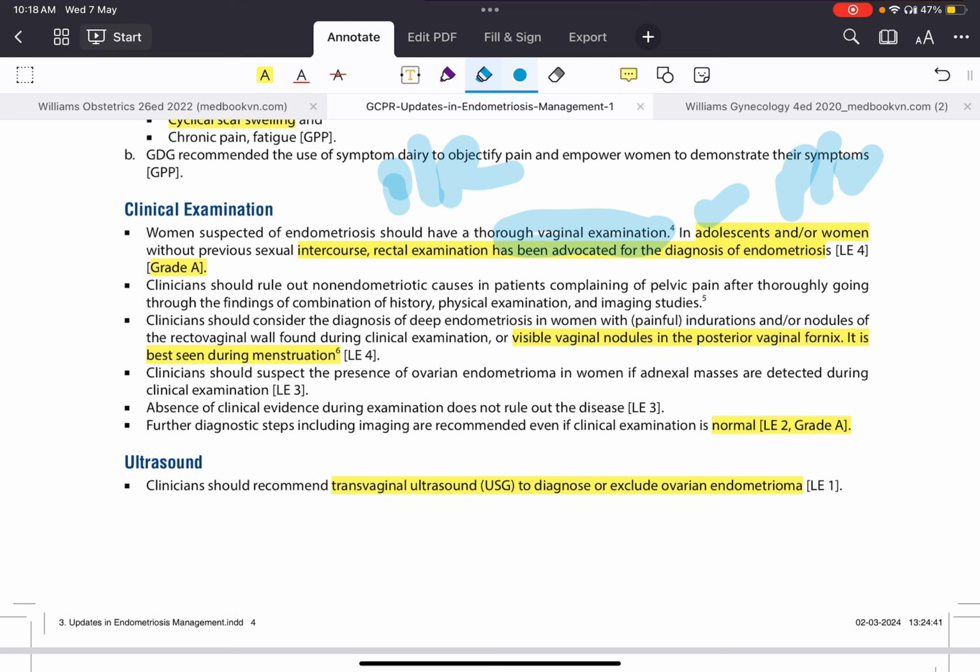Okay, and the clinician should rule out the non-endometriotic causes of pain also, by history, physical examination, and imaging studies. Okay, so in deep endometriosis you have nodules on the vaginal wall that you can see clinically. Visible nodules are also seen, and these visible nodules are seen when the female is menstruating.